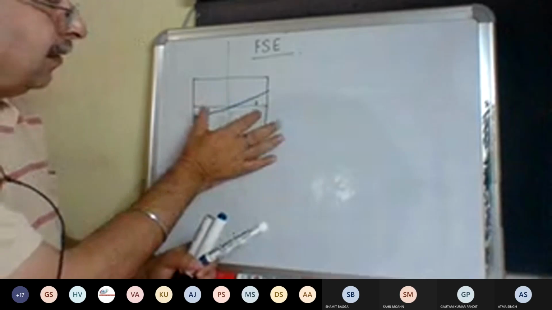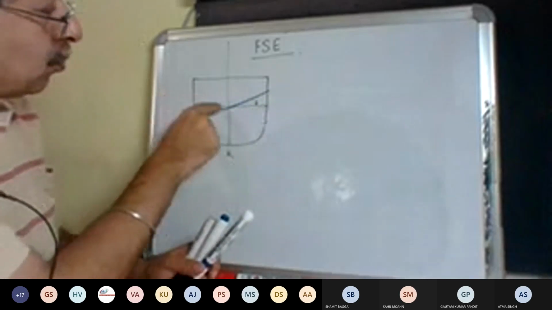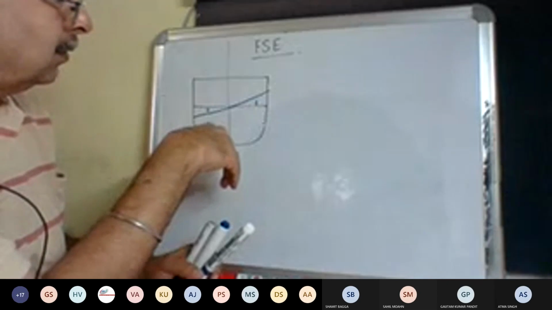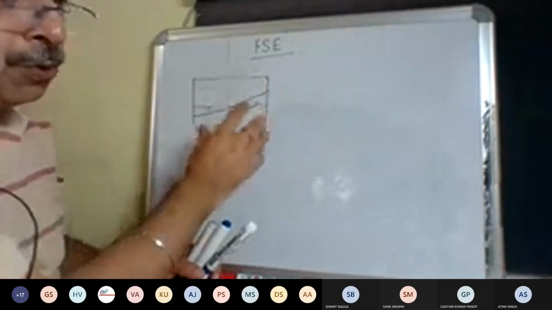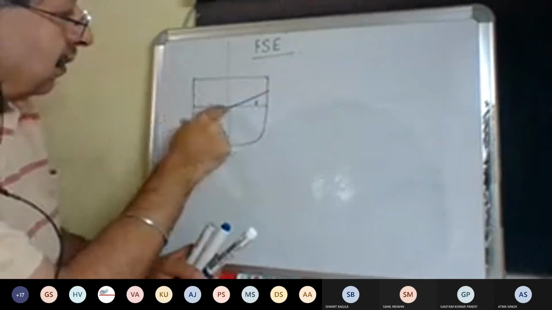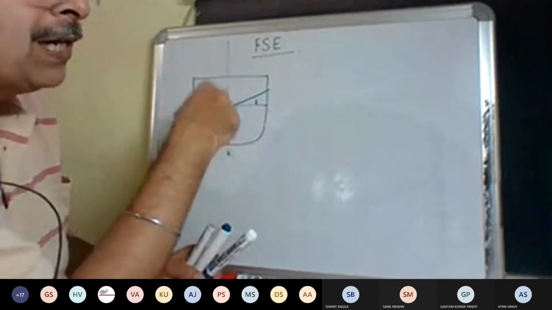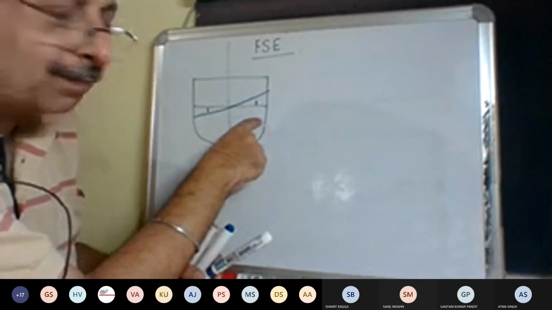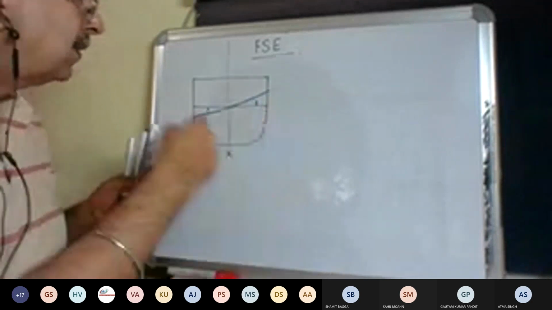But then the very next moment, the wedge is going to go to the opposite side. When the vessel rolls onto the port side, this immersed wedge is going to come onto the port side, and the emerged wedge is going to come onto the starboard side.